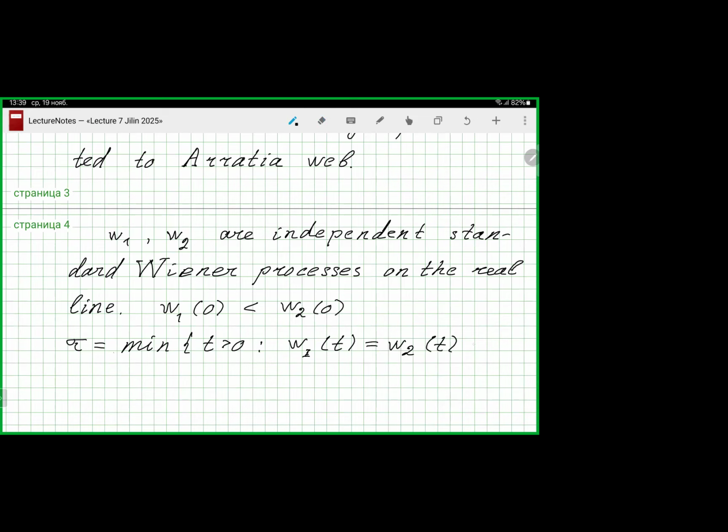And it is well known, and for those of you who don't know this, it will be a very good exercise from stochastic process theory, that the probability that tau is less than infinity is 1.